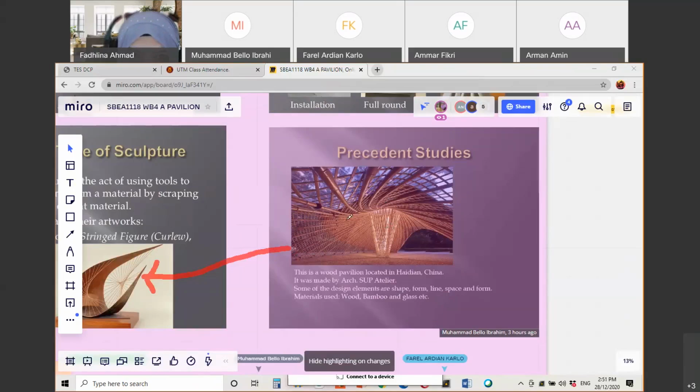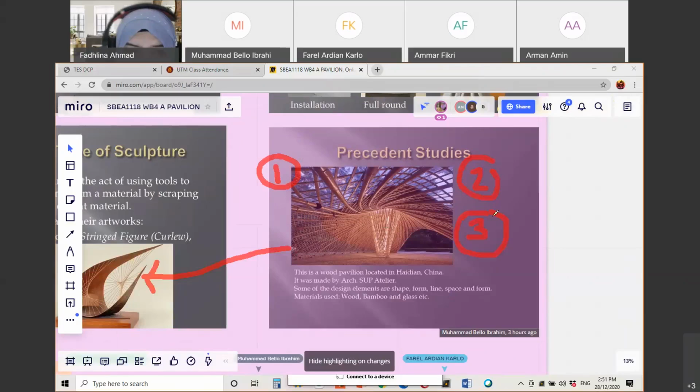What you can do is this one is one precedent study, and then you can add on. Find another pavilion which is using carving or carving sculptures. You will need to have at least 3 precedent studies to be put here, so that it is easier for you to get ideas for what you are going to do for your own pavilion later.